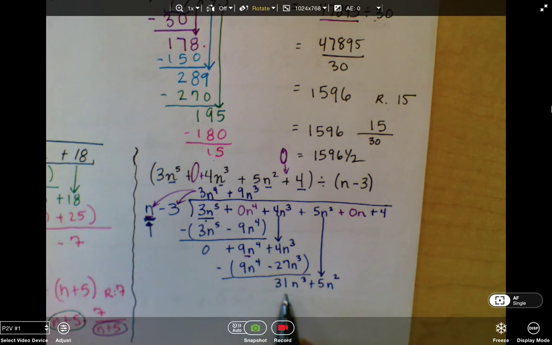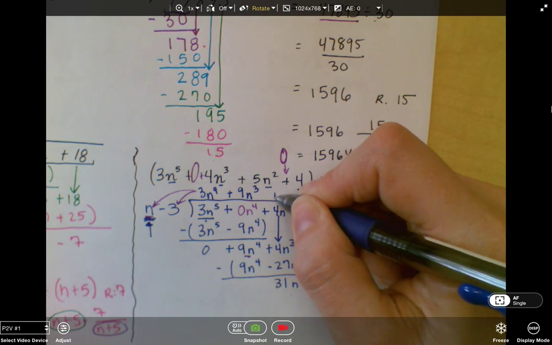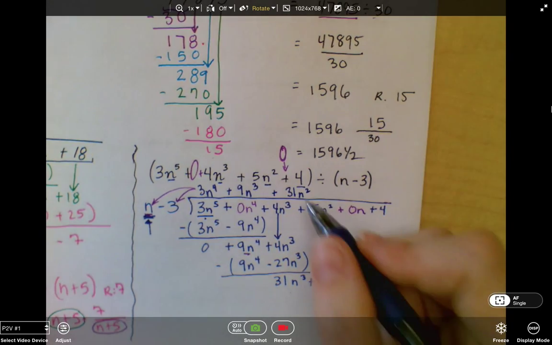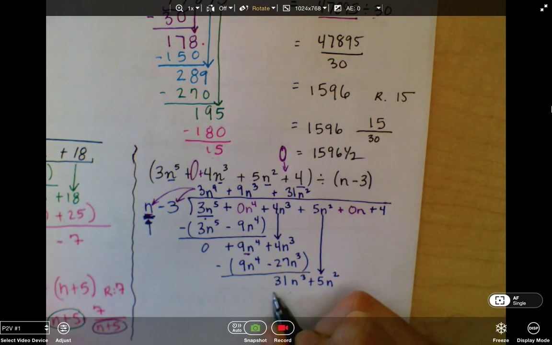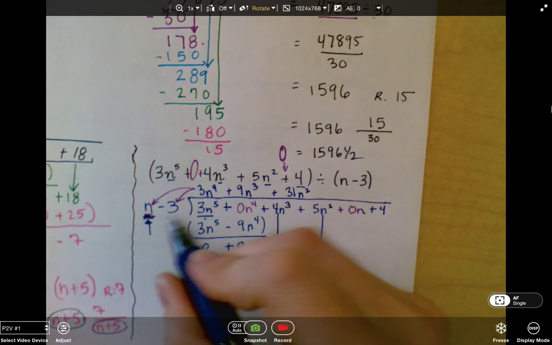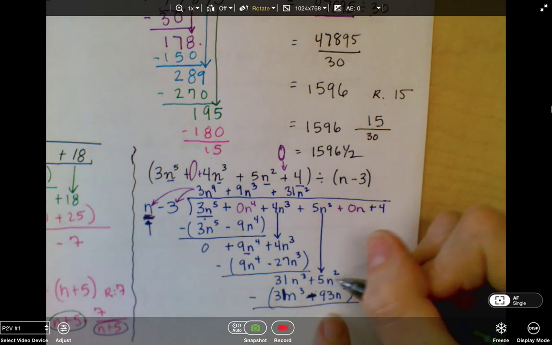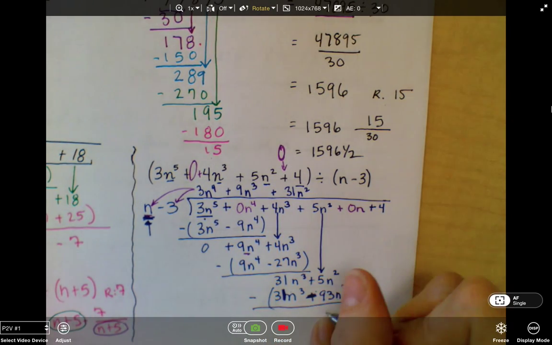N goes into 31n cubed 31n squared times. 31 times n gives me 31n to the third plus, minus, I would make that minus 93n squared. Now I get to subtract again. Ooh, these numbers are getting big. There's that, makes 0, and then minus negative makes plus.